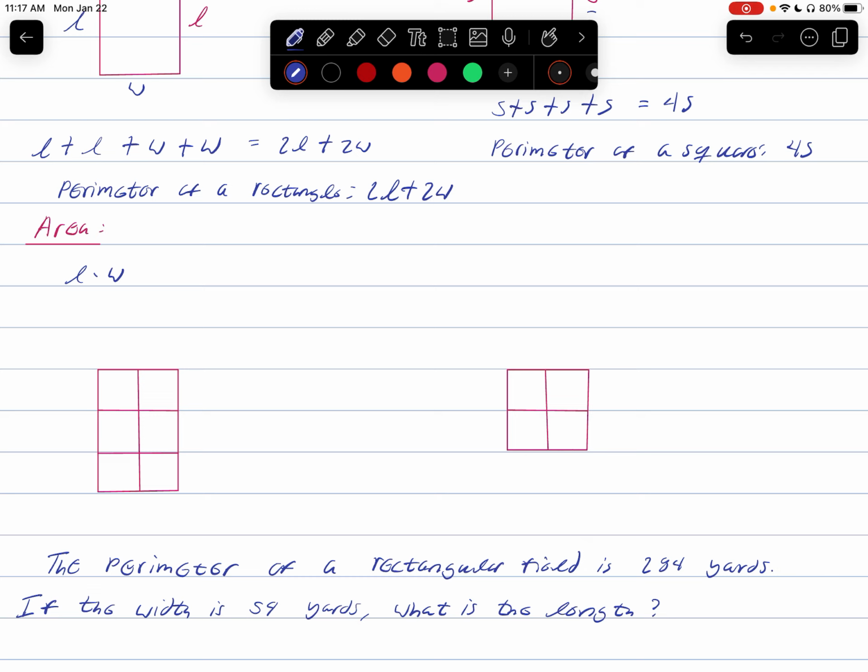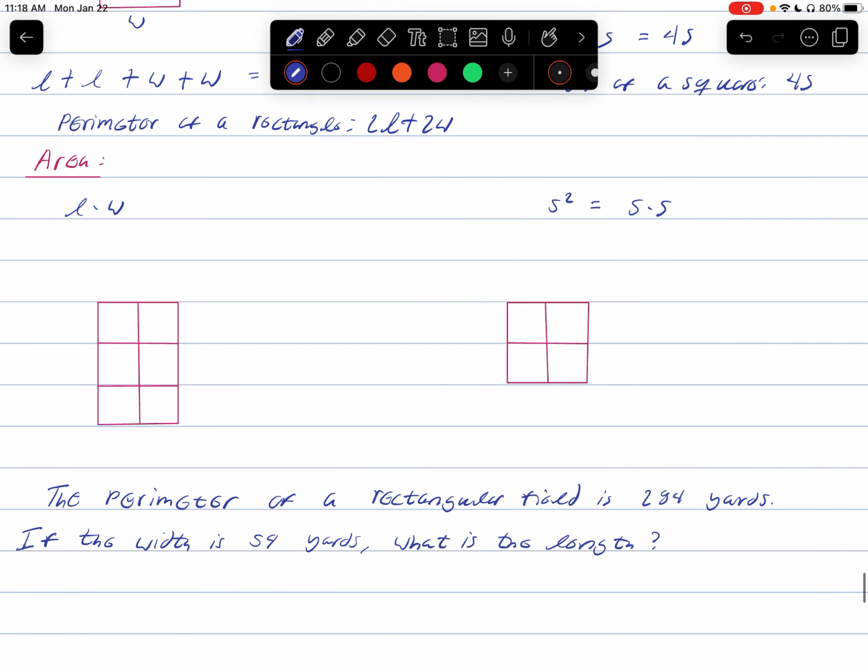And the area of a square is just S squared, or S times S. But since the length and width are the same, these really are the same formula. It's just you cannot write the area of a rectangle as something squared because you have two numbers that are different multiplied together, and in the square you have two numbers that are the same multiplied together. So you're able to write the area of a square as S squared and the area of a rectangle as length times width.